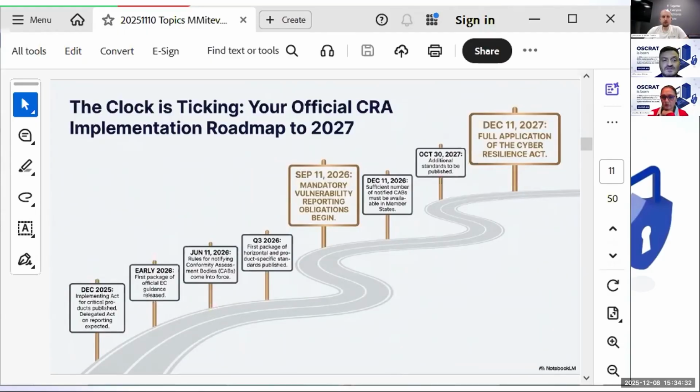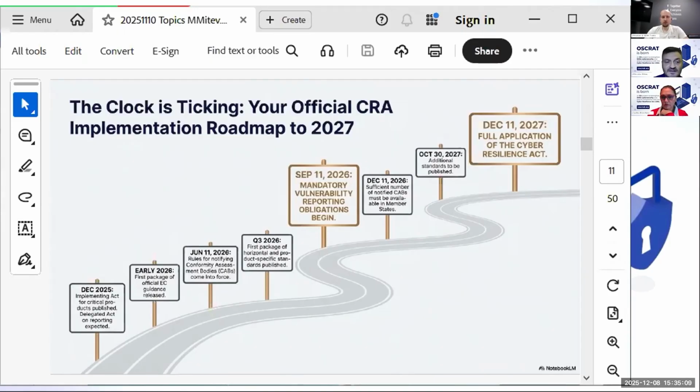11th of June 2026, rules for notified conformity assessment bodies come into force. 11th of September 2026, mandatory reporting of vulnerabilities begins. 11th of December 2026, there must be a sufficient number of notified bodies across Europe. 30th of October 2027, additional standards will be published.